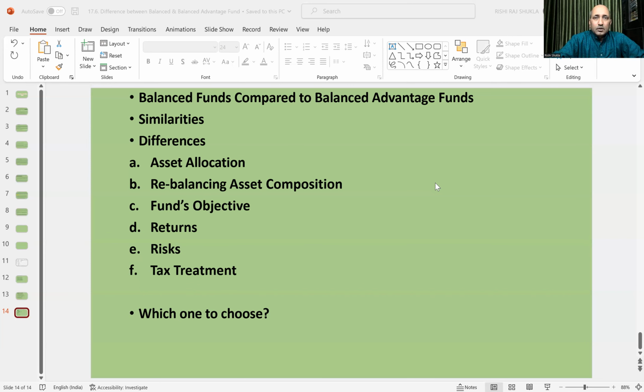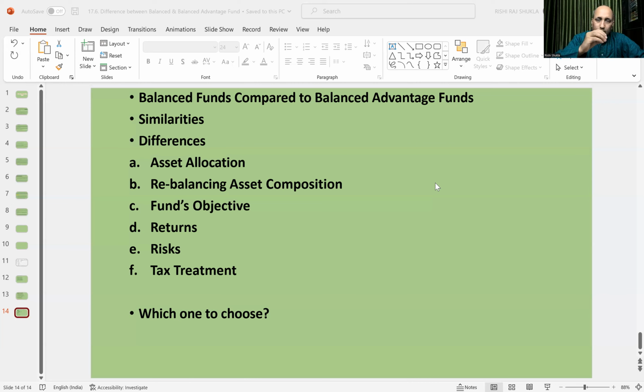One more: the fund objective is to beat market volatility. In the case of balanced advantage, it is more pronounced and it can beat market volatility. In a balanced fund, even if the market is in favorable condition, they can invest a maximum of 60% in equity, and cannot go beyond that.